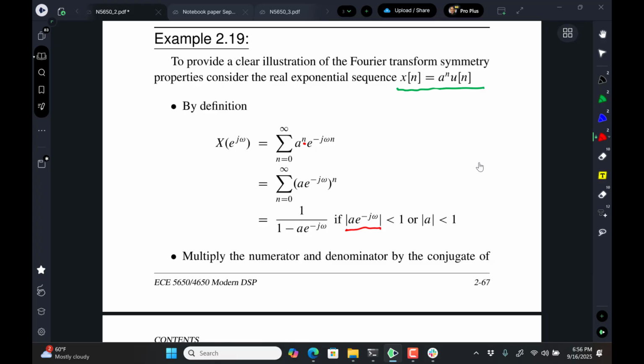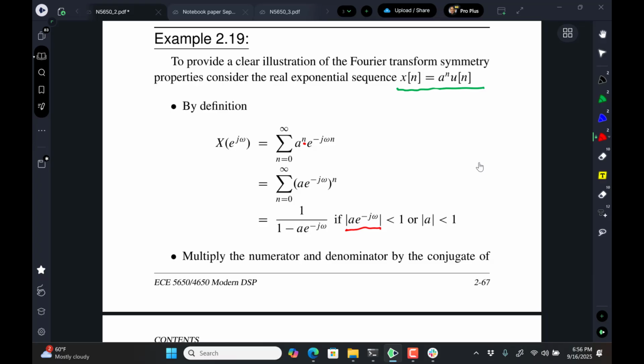So this is a convergent sequence. I mean, it's an absolutely summable sequence. So its Fourier transform exists as long as the magnitude of a is less than 1.